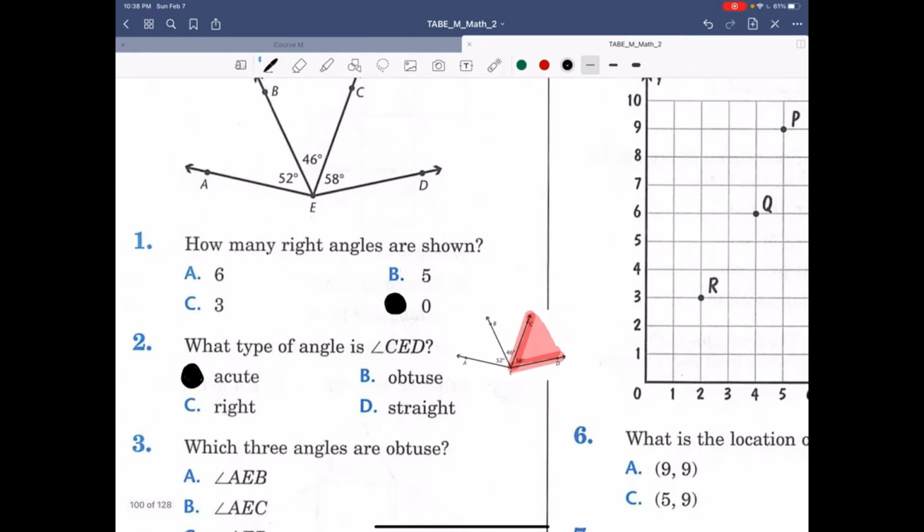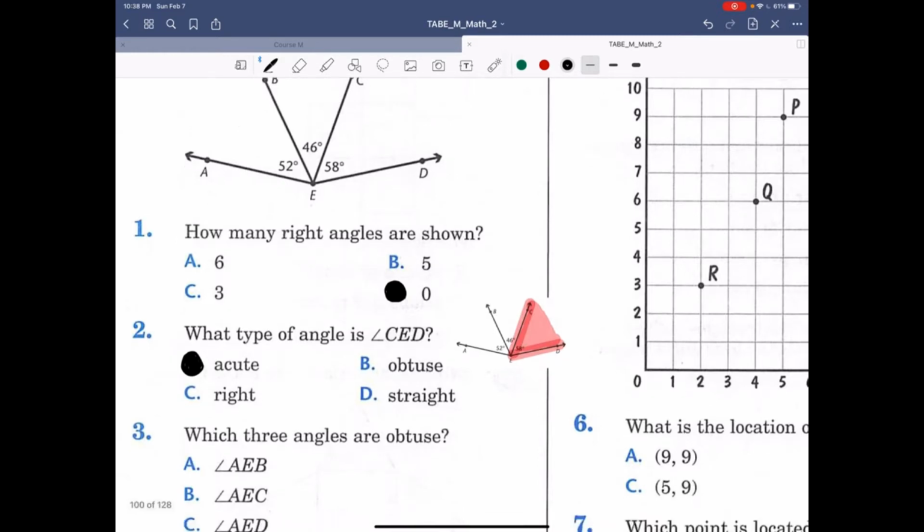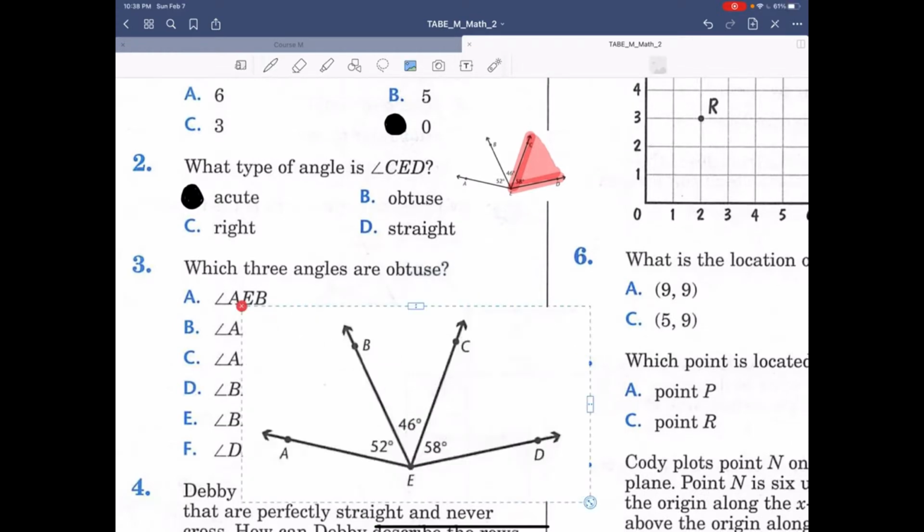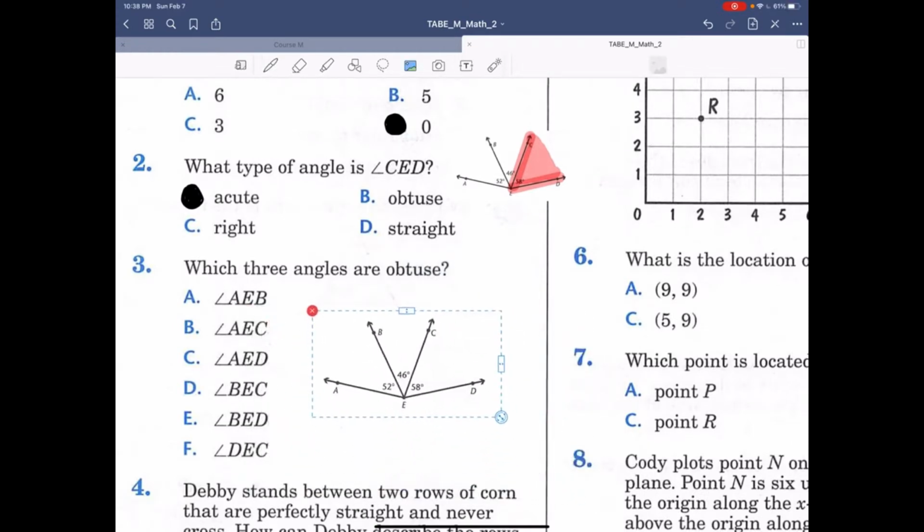Which 3 angles are obtuse? Now, I just told you that all of them are acute. So how can that be? What I should have said is all of these are acute. But there are angles here that are not labeled.